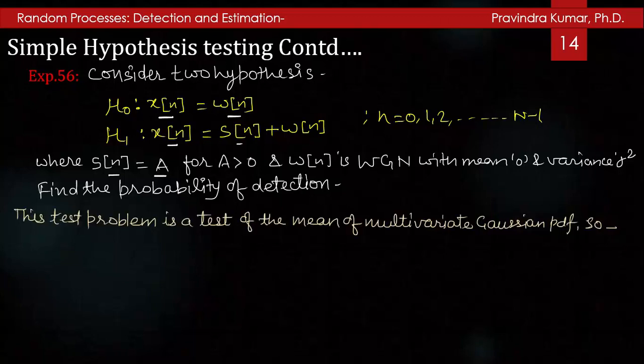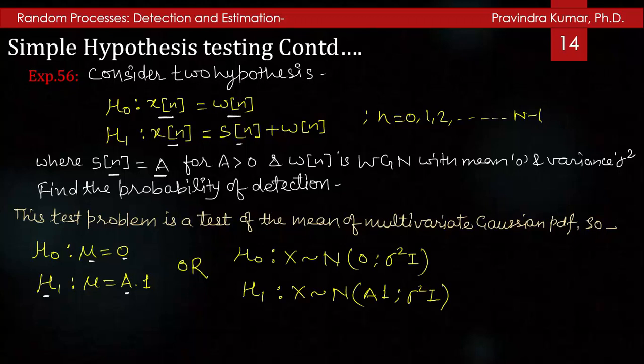So first of all, this test problem is the test of a mean of a multivariate Gaussian PDF. So in hypothesis h naught, mu is equal to 0, the mean is 0, and in hypothesis h1, mu is equal to A into 1. This is the matrix A for s1, s2, sn, and A is the matrix of all ones.